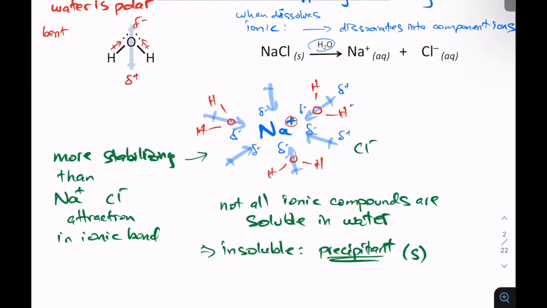In that case, you've changed the chemistry, and now the interaction of the ionic bond is stronger than the stabilizing force of having the ions solvated by the water molecules. Okay, here in this case, the ion is solvated by the water molecules.